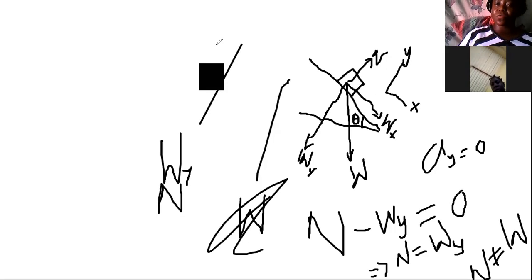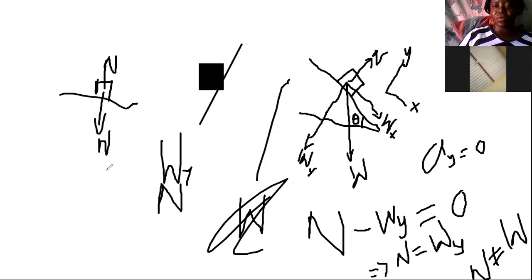It's only true if the normal force is on a horizontal surface and you have an object with a weight acting there, and no other forces are acting on the object. Then the normal force is equal to the weight. Okay.